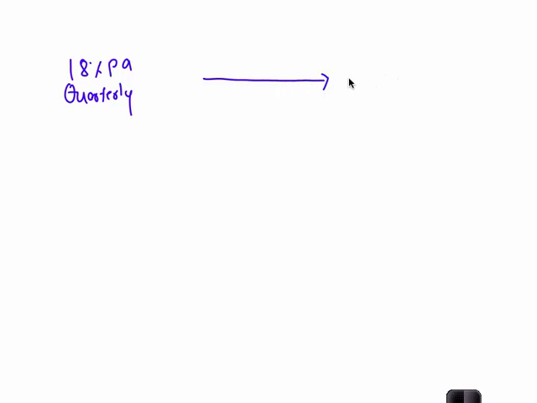Convert this to a monthly rate. I mean compounded monthly, but the rate has to be the annual rate. Do you want to do it with a formula or TVM? TVM.